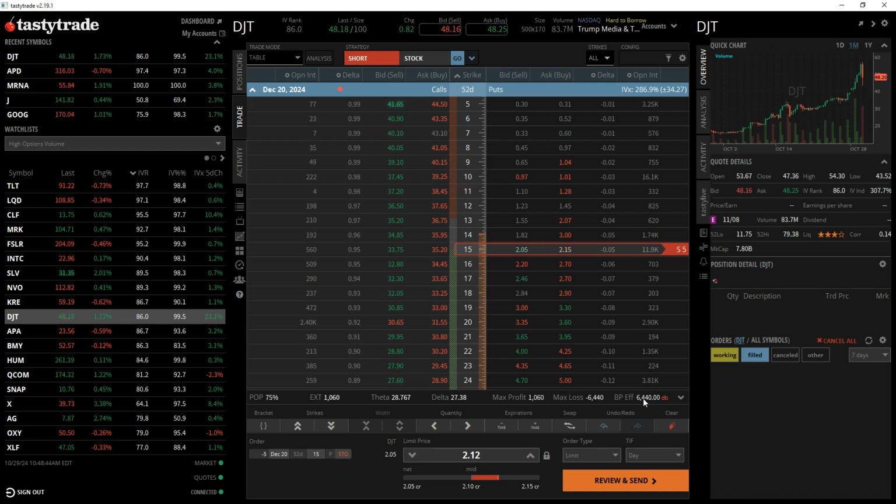I don't think they use margin because it says hard to borrow on this specific crazy stock. Because if you do the math, 15 times 5, that's 7,500, minus your income. This is 100% cash, not a margin trade. But still, you can do it on Robinhood as well. That's what it means. It's like a cash-secured put, which is very, very rare for Tasty. Just shows you how volatile this stock is.